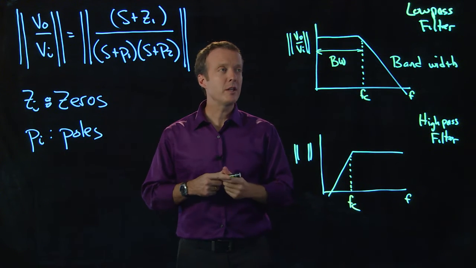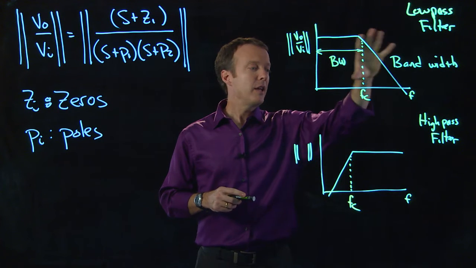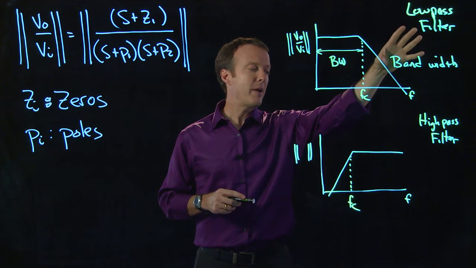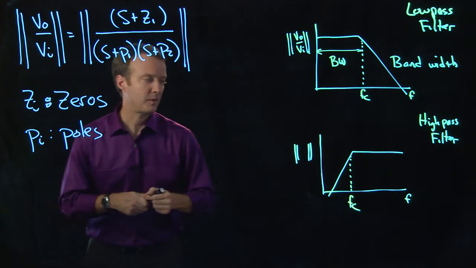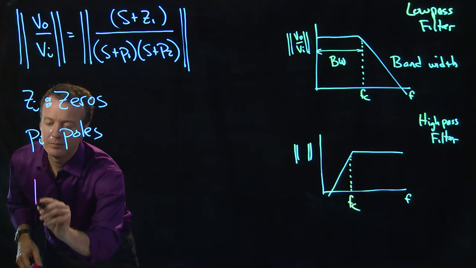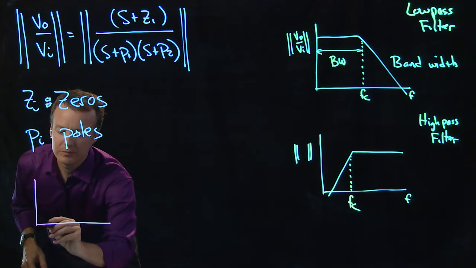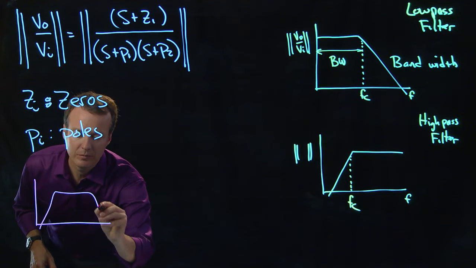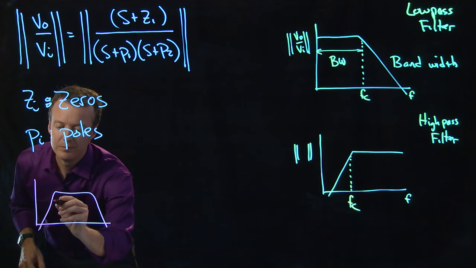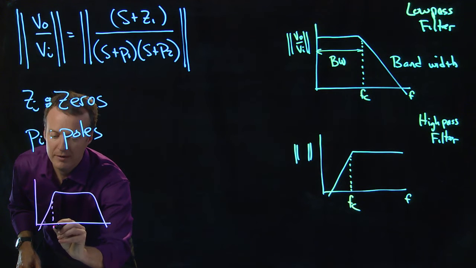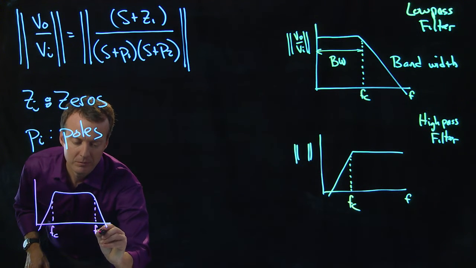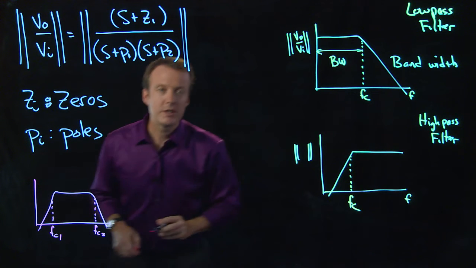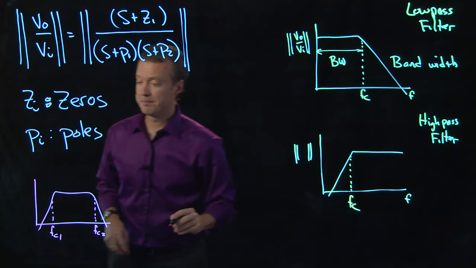Two other filters that you might encounter can be constructed by combining low-pass filters and high-pass filters. One would be a bandpass filter, which would have two cutoff frequencies, such as the one we looked at in the previous example.